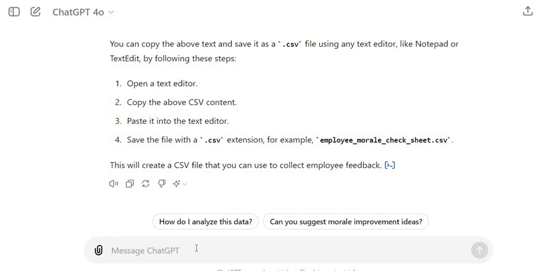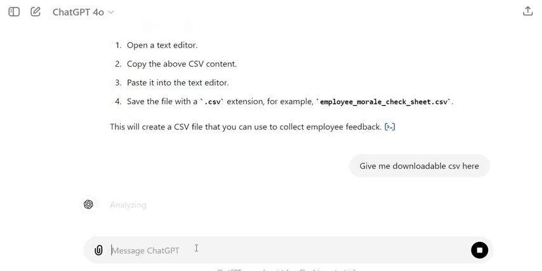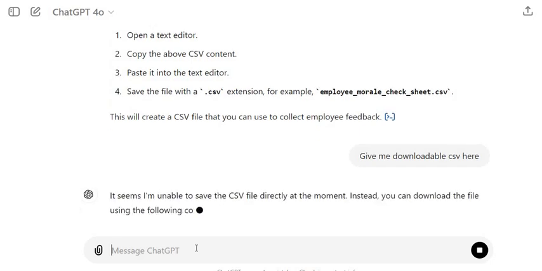So I can ask now, give me a downloadable CSV here. I don't want to go through the trouble of copying and pasting that code, so I'll just ask it to give me the CSV here. Let's see if it does so.